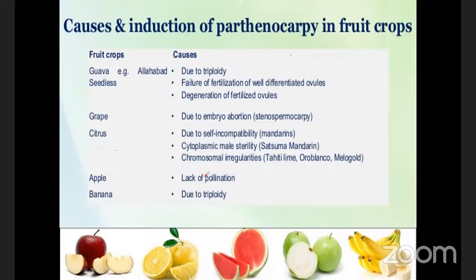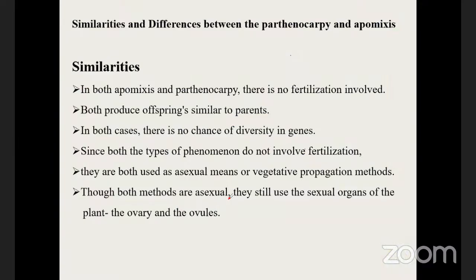And in apple, lack of pollination, very rare. The banana, due to triploidy, not the diploid, triploidy. That's why it is losing the seed formation capacity.